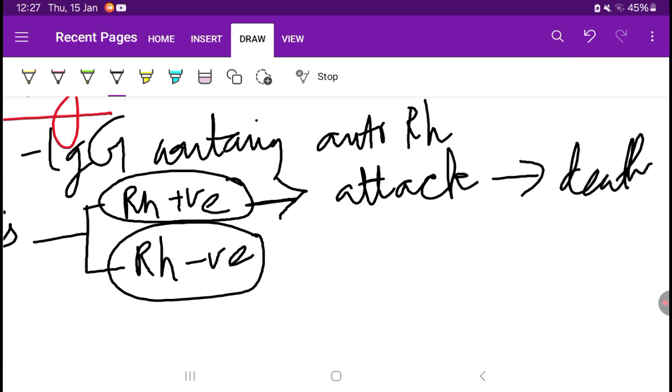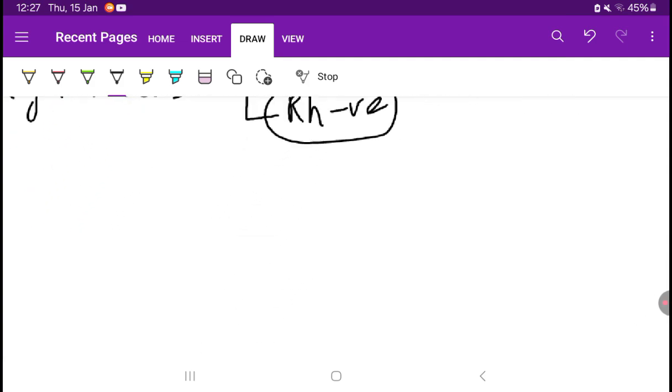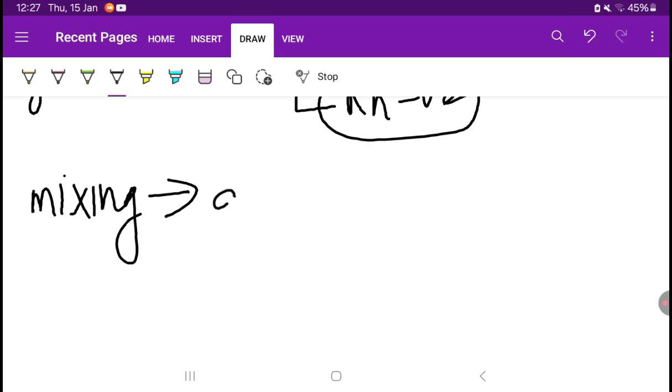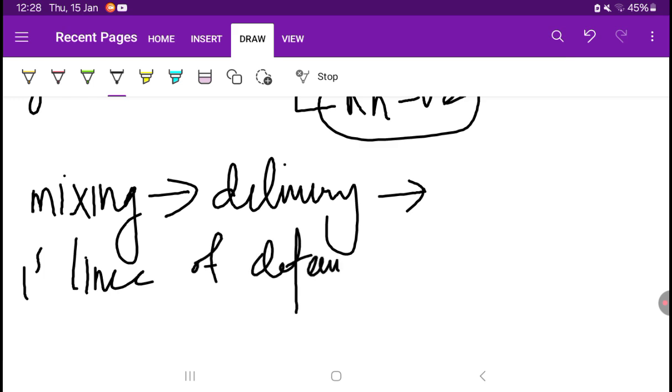There's a common doubt: why is the first baby not affected even after the mixing of blood? The mixing of blood occurs only at the end of pregnancy during delivery. At this time the first line of defense is IgM.